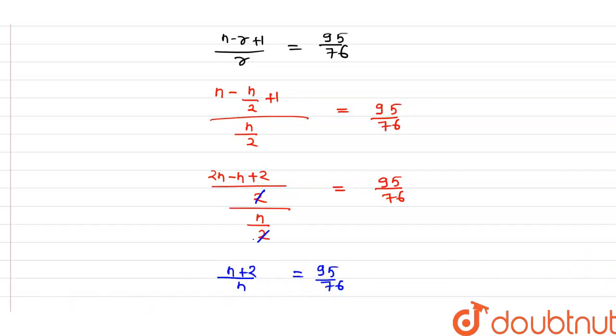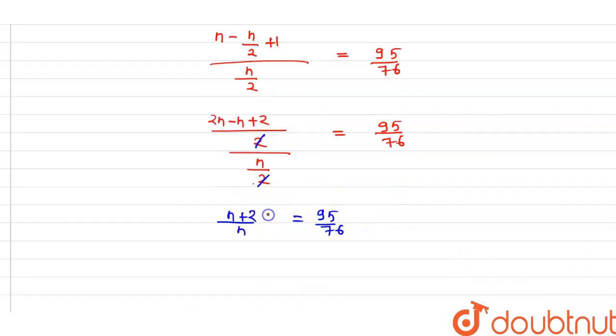When we do the cross multiplication, it will be 76(n + 2) = 95n.